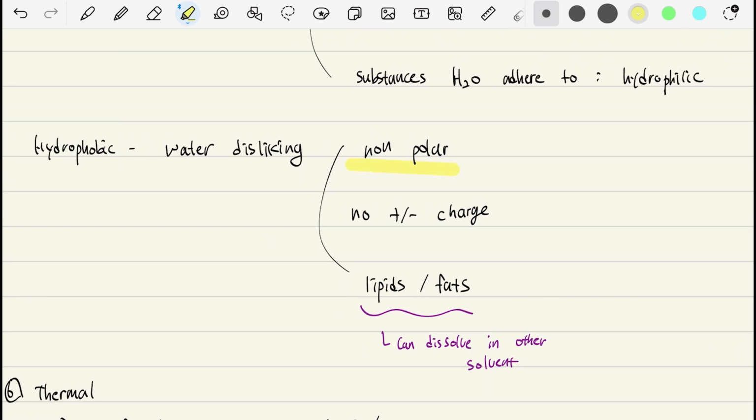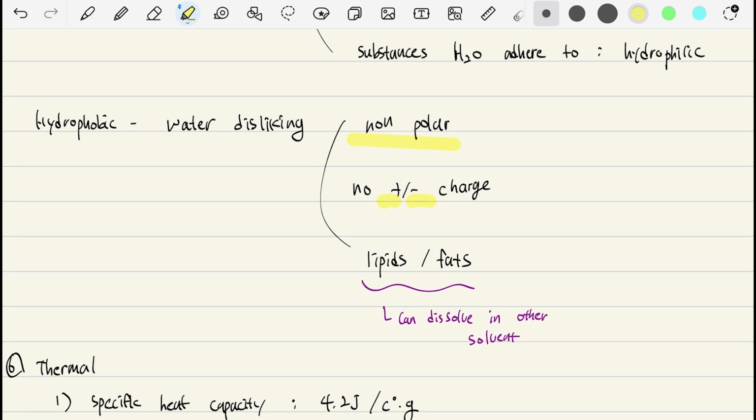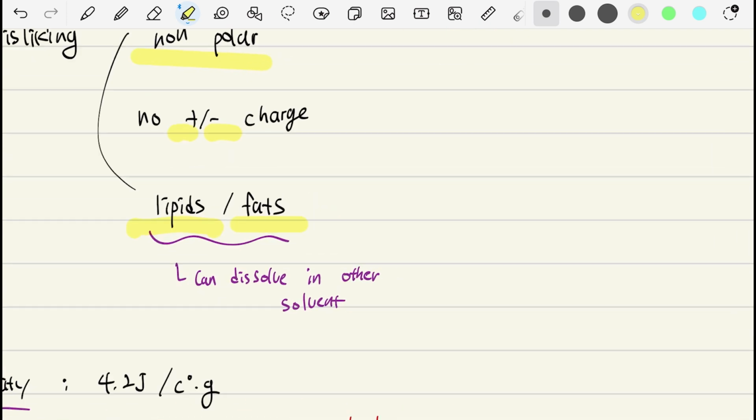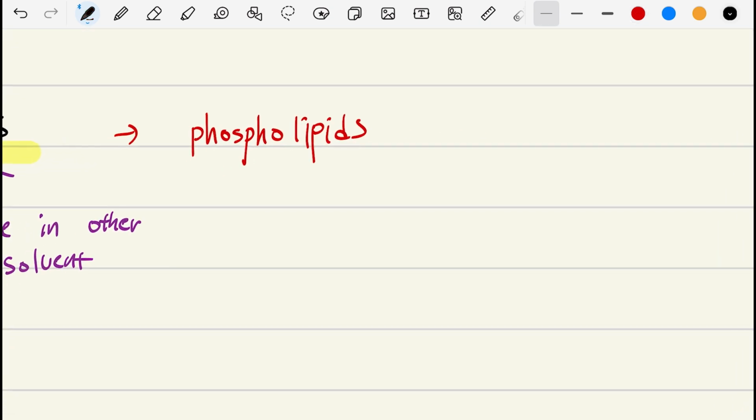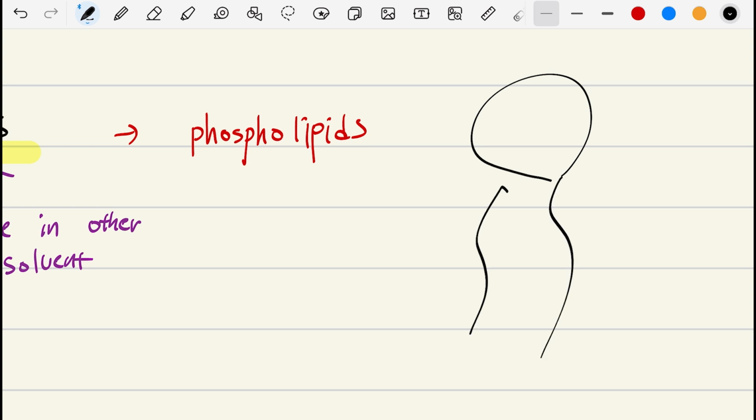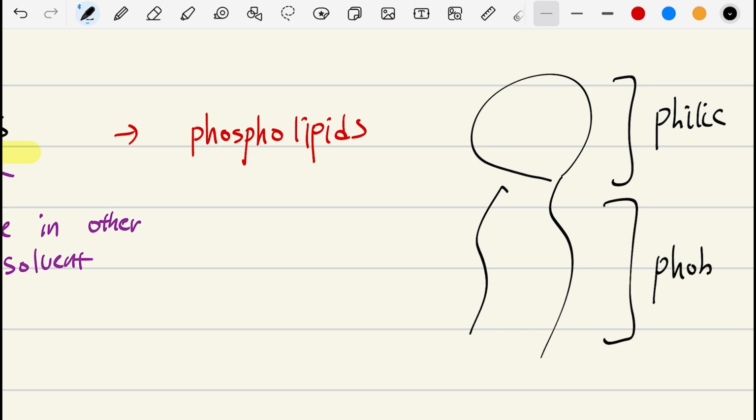These hydrophobic chemicals are usually not charged as positive or negative, and these ones will usually be lipids and fats. And the biggest example for this one would be phospholipids, because phospholipids look something like this. The top part is hydrophilic, but the bottom part is hydrophobic.